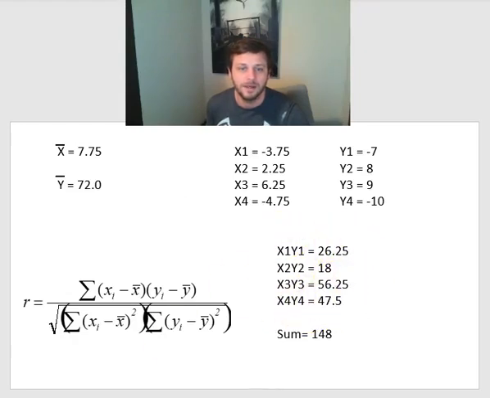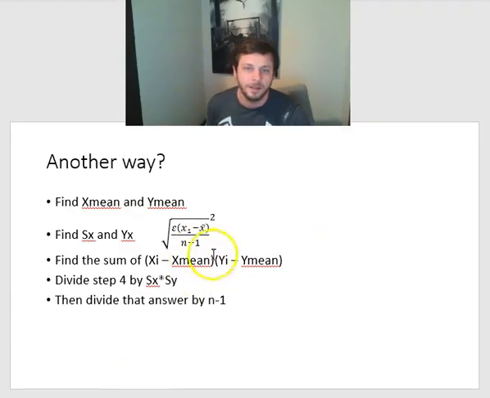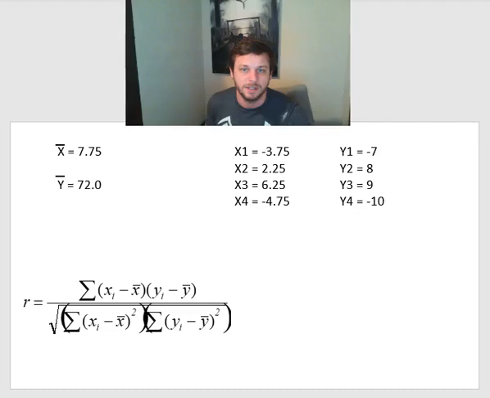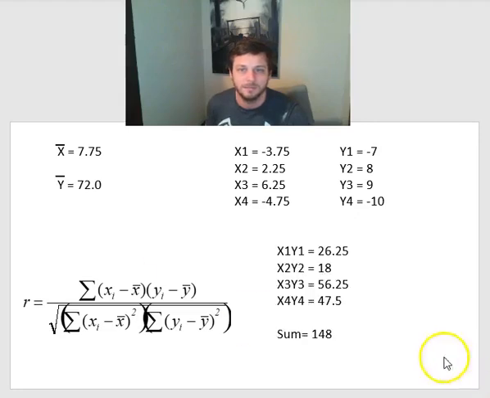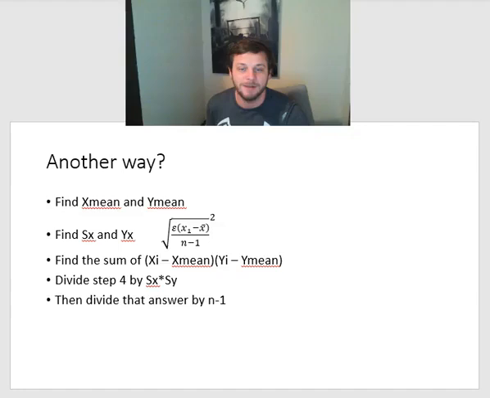And so you do this step, and then you divide your answer when you sum all that up. So whenever you get your, what was the sum of that? 148. You're going to divide that by the variance of x times the variance of y. And then you're going to divide that answer by your n minus 1. So it would be 3 in our case.